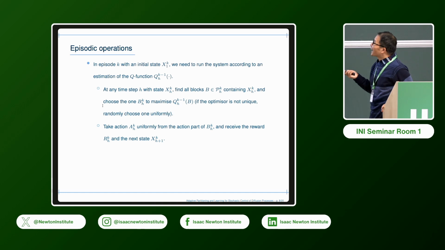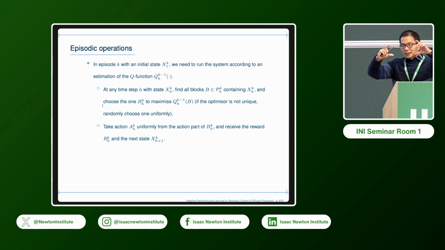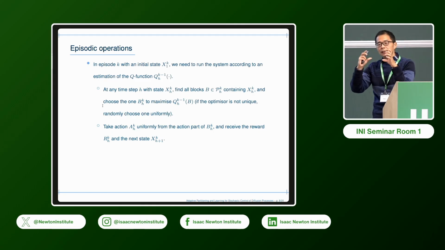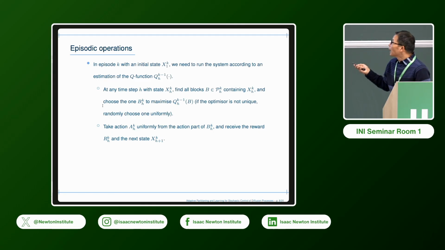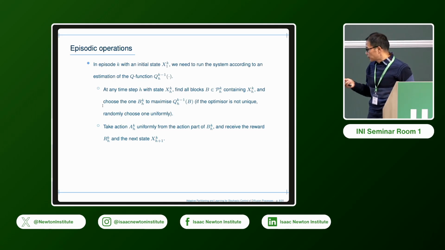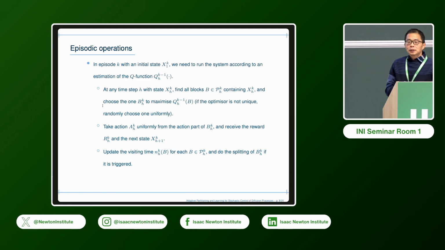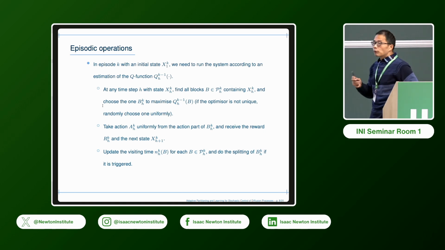So we take an action a_h^k uniformly from the block of the state-action space in this B_h^k, and run the system to get the instant reward and the next state x_{h+1}^k. Then we update the visitation counts by increasing by 1 that of the specific block, and of course copy the other visitation counts for other blocks.